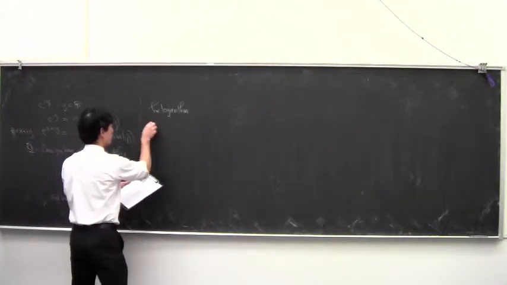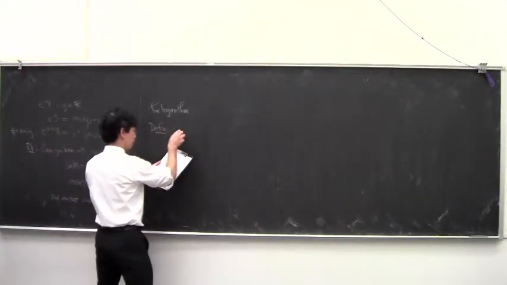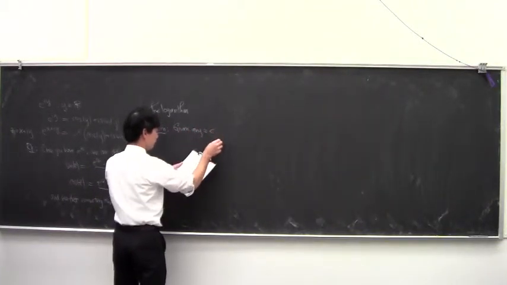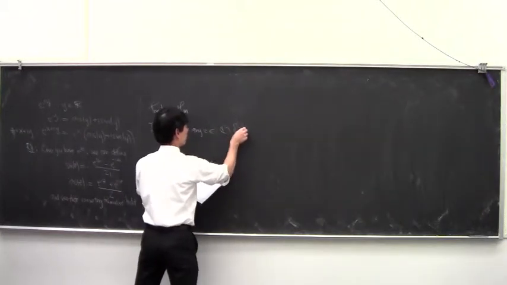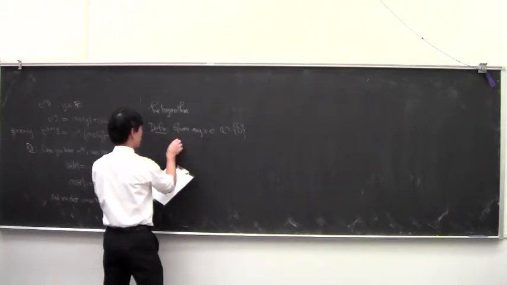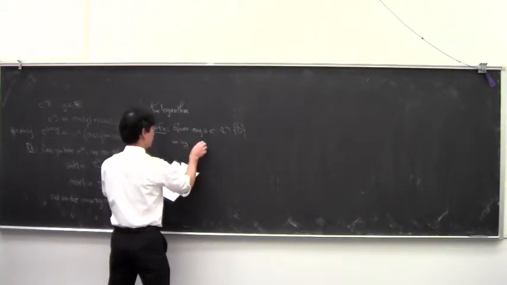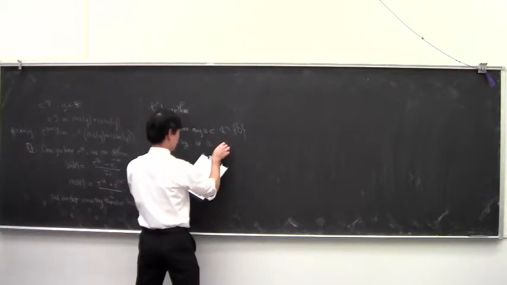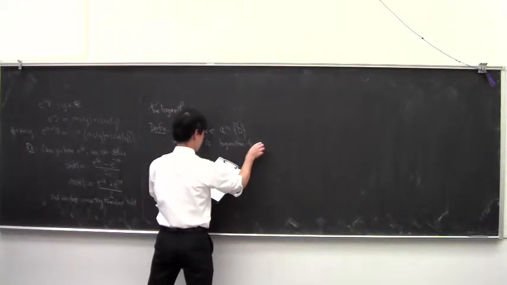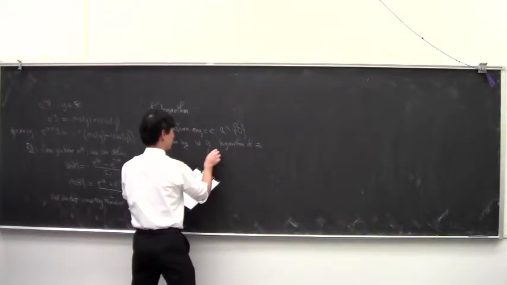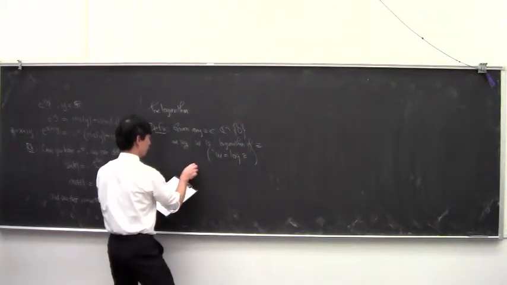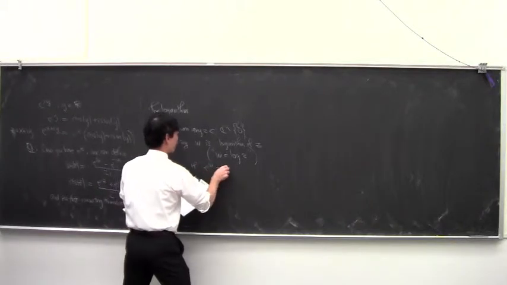The definition: given any z in C minus the origin, we say w is a logarithm of z, and write w equals log z, if e to the w equals z.